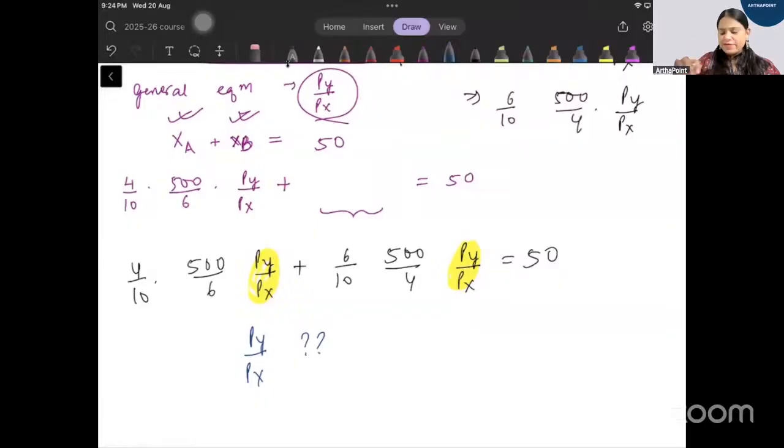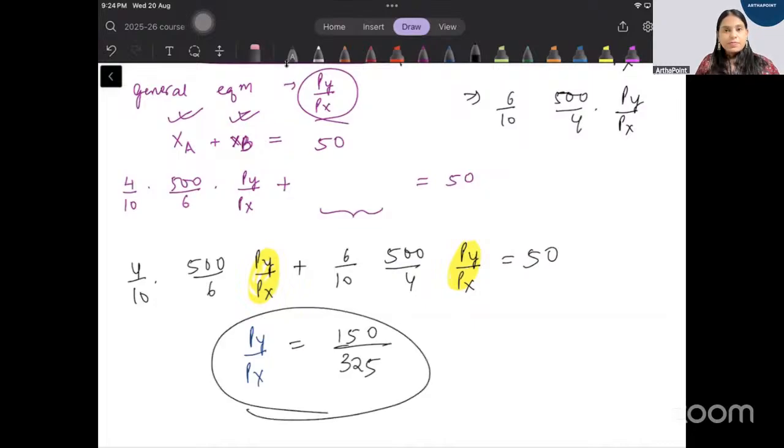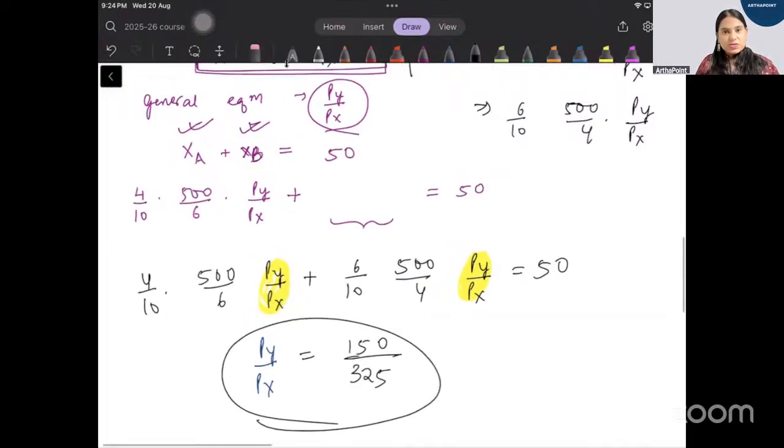Just give me the fraction. What is PY by PX in fraction that you have got? 150 by 325. Does everyone agree? Is everyone getting this?